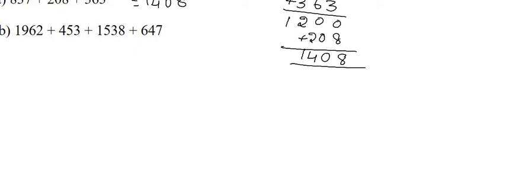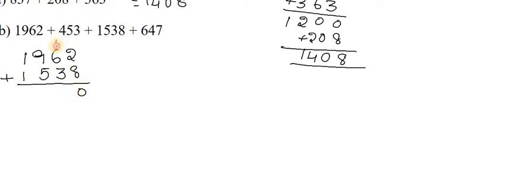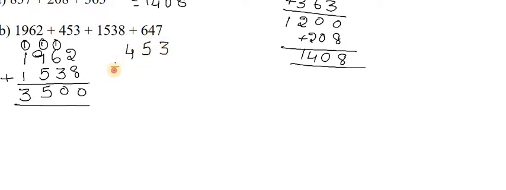So first we will add 1962 with 1538. That gives 3500, and I'll add 453 plus 647.